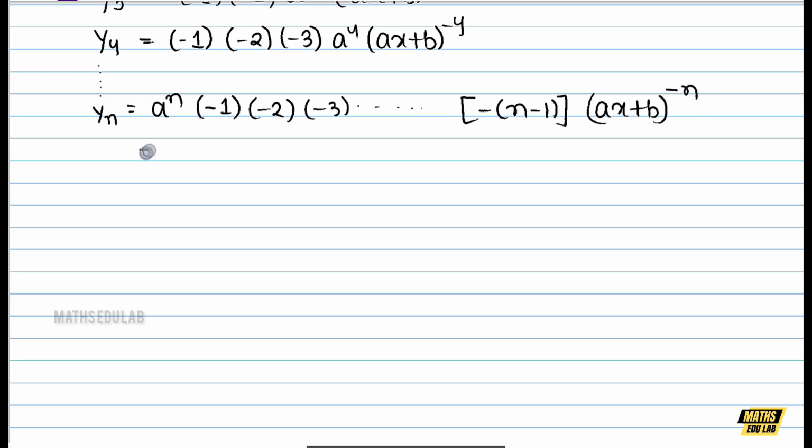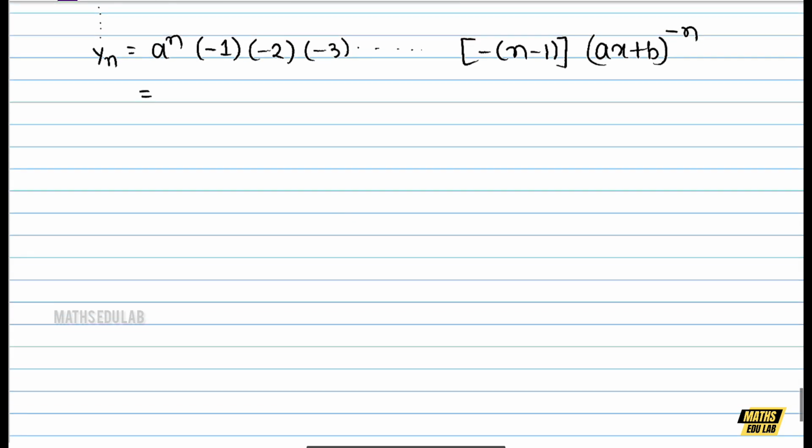Otherwise I can simplify and write the nth order derivative of the function as minus 1 to the power n minus 1, into (n minus 1) factorial, a to the power of n, (ax + b) to the power minus n.